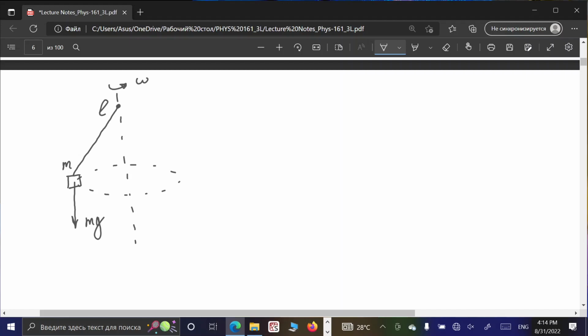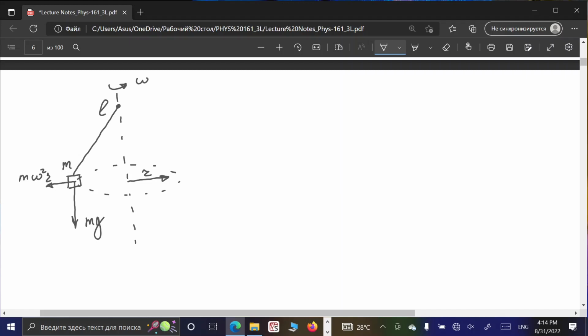Circular trajectory, by the way, an important parameter: we need to highlight that it has some radius r. So that will be our centrifugal force. It will be m times omega squared times r.